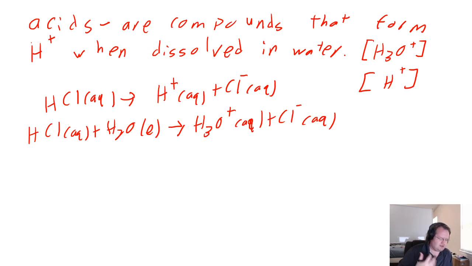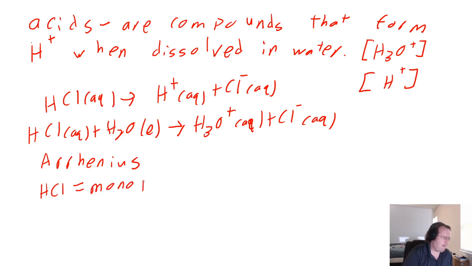So this definition we're using is called the Arrhenius definition, which is that substances that produce H+ when they're put in water are acids. Note that the main way we're going to notice these compounds for the purposes of this class is they're going to have an H somewhere on them that we can see comes off and then leaves an ion with it. Now, what we've looked at here, HCl, is an example of something we call a monoprotic acid.